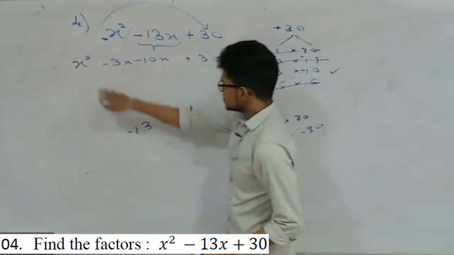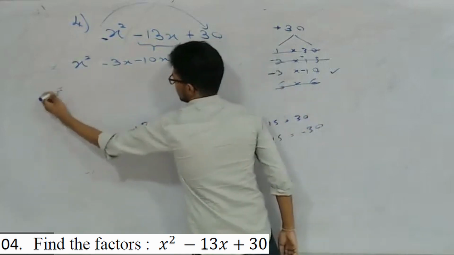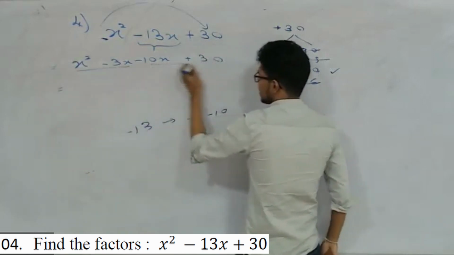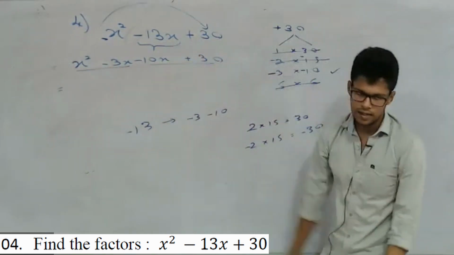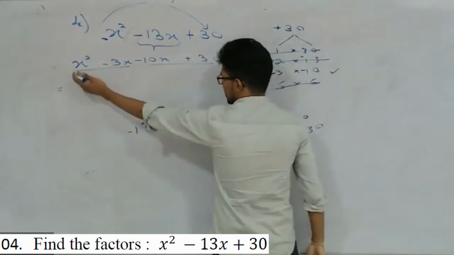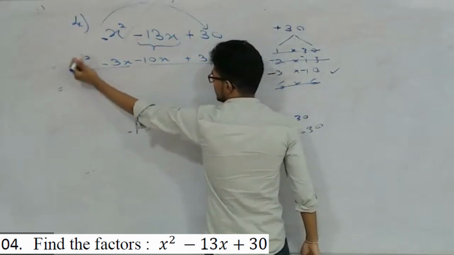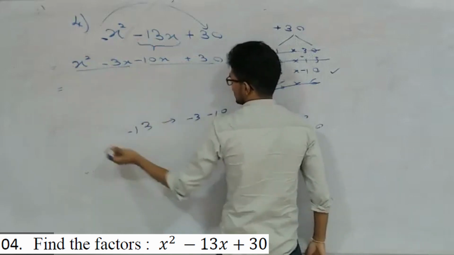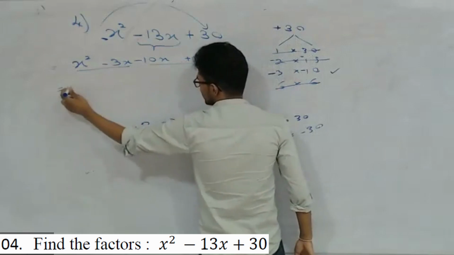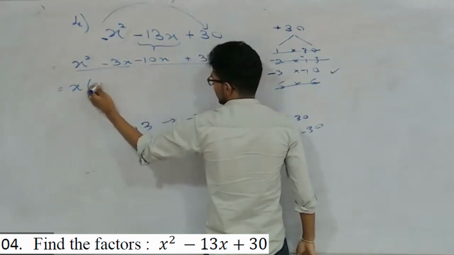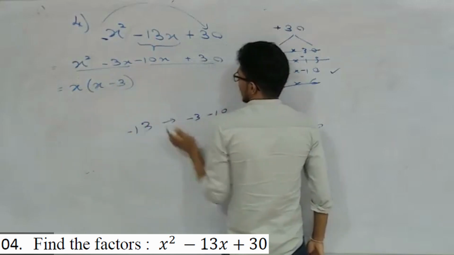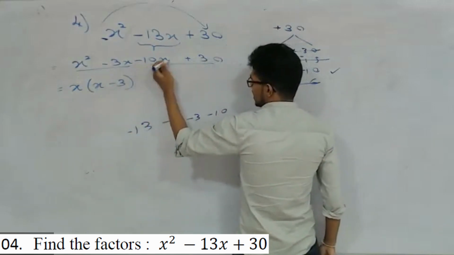So now what you need to do? Now you need to consider them in pairs, right? Here you have 1 couple, here you have 1 couple. Take whatever possible outside, common things. Here you have x squared and here you have 1 x, so both of them have x, so you can take x outside. When you take x outside, what is remaining? x minus 3. And here you have 10.